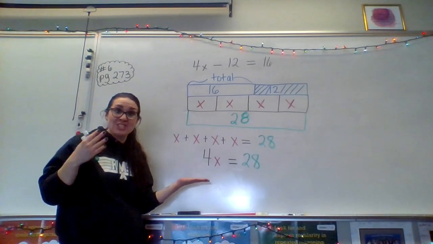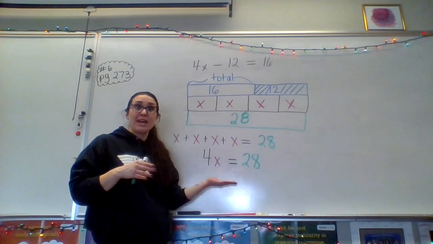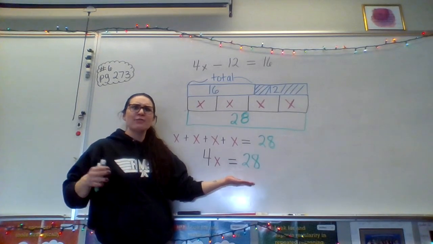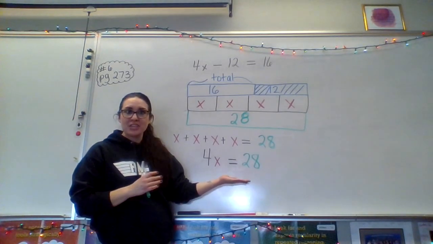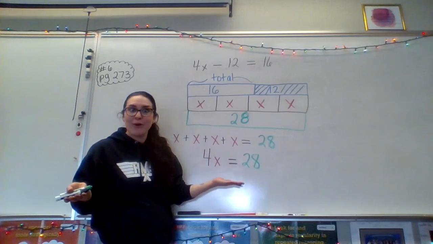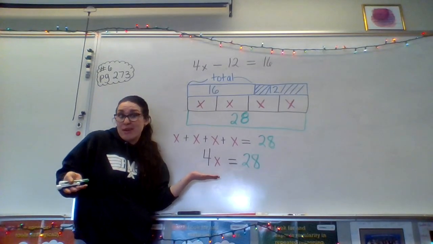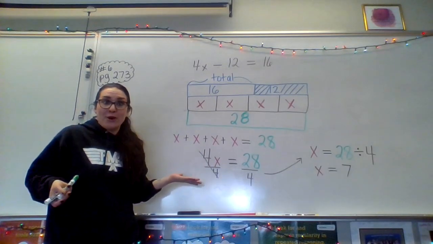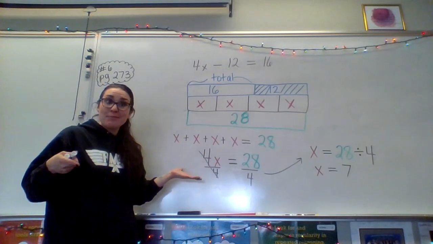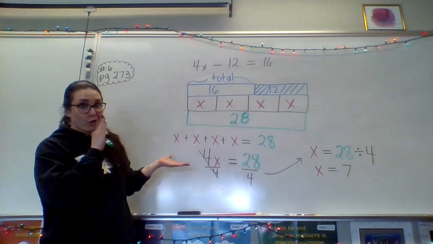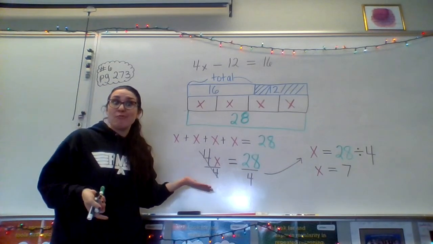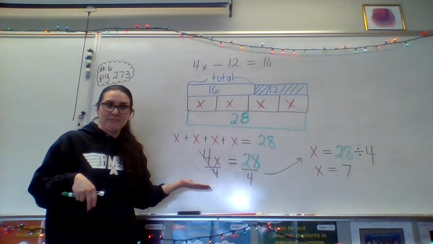So if I multiplied by 4 in order to get 28, how do you undo multiplication? Well, you divide, right? So if I want to undo multiplying by 4, what am I going to do? We're going to divide by 4, right? So to undo multiplying by 4, the opposite or the inverse operation would be dividing by 4, right, my friends?